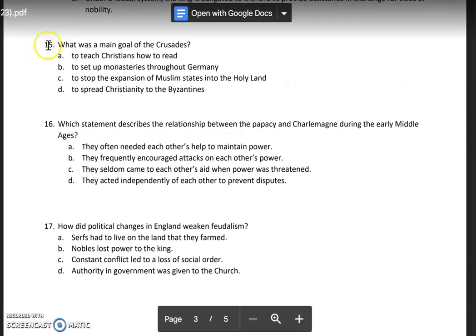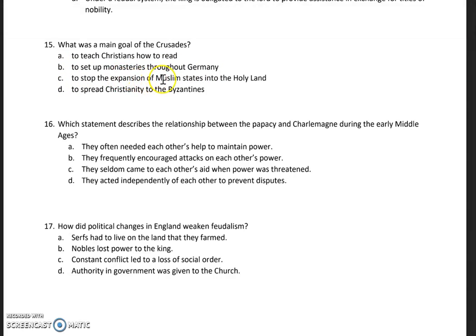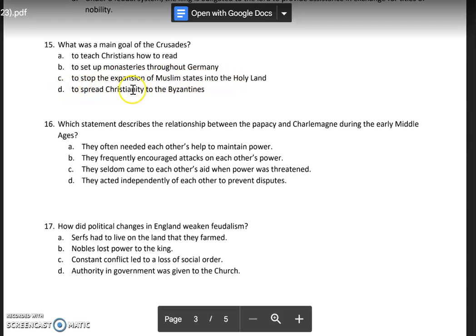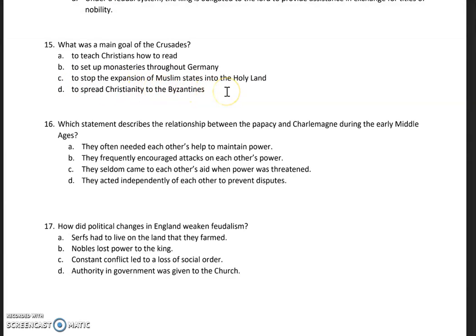Number 15. What was the main goal of the Crusades? A. To teach Christians how to read. B. To set up monasteries throughout Germany. C. To stop the expansion of Muslim states into the Holy Land. D. To spread Christianity to the Byzantines. Number 16.